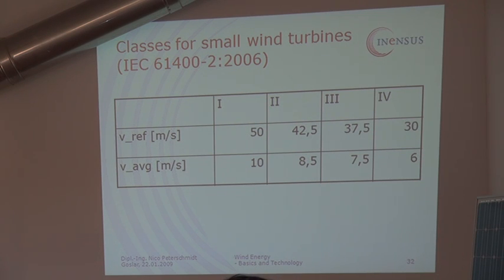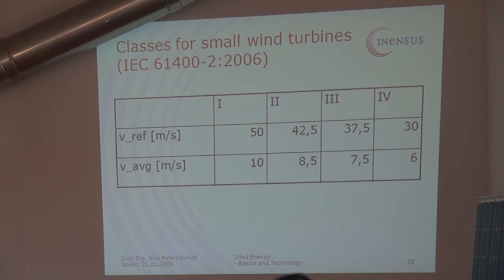This standard also describes how the design gusts have to be calculated. And then you compute a curve, a gust curve, starting from, let's say, 5 meters per second up to 60 meters per second, for example, as a 50-year maximum gust.